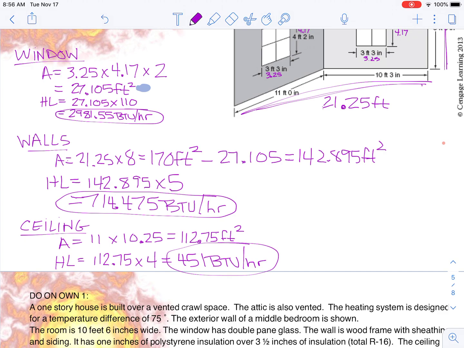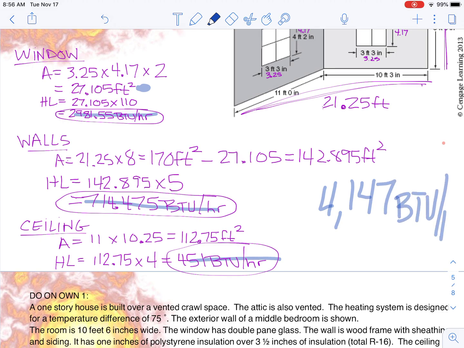To find the total heat load for that whole room, we would add all of the individual loads, the window, the wall, and the ceiling, all together to get a total of 4,147 BTUs per hour.